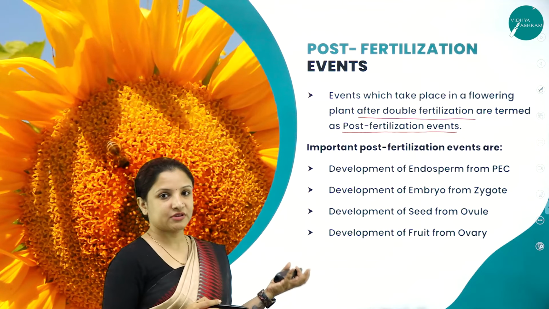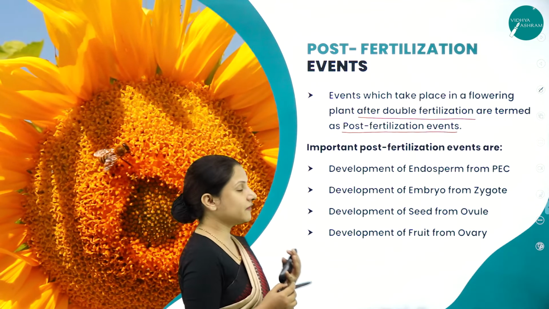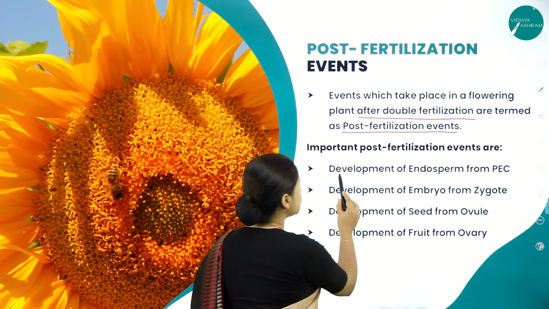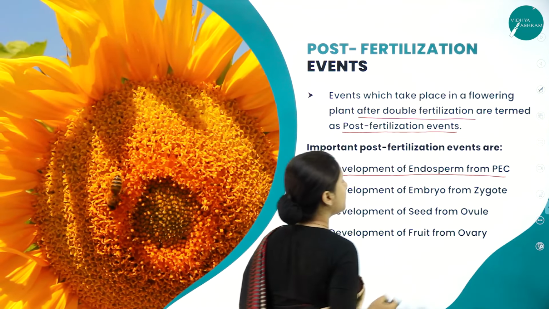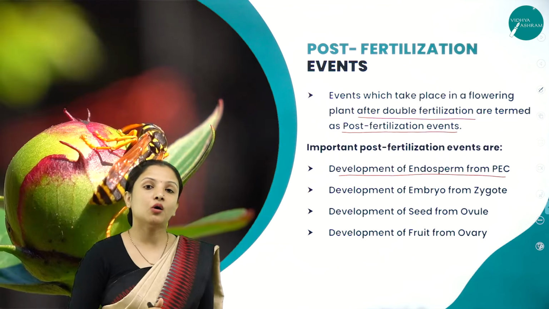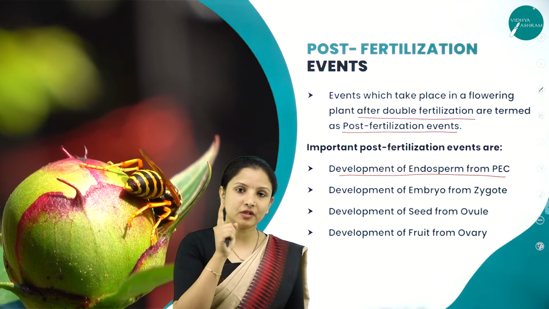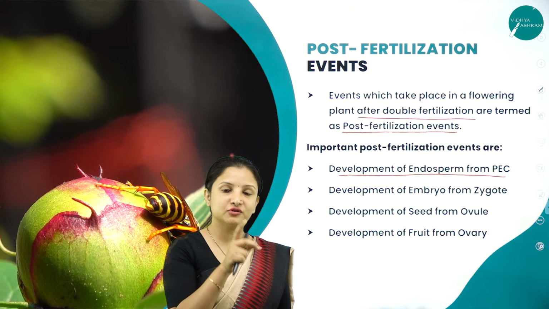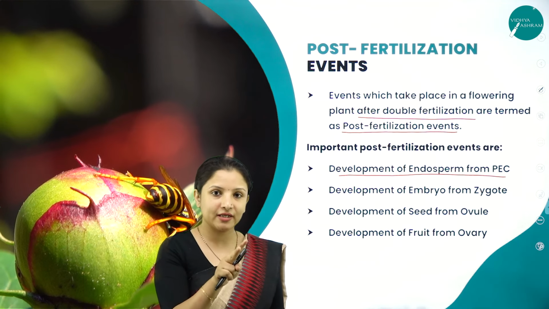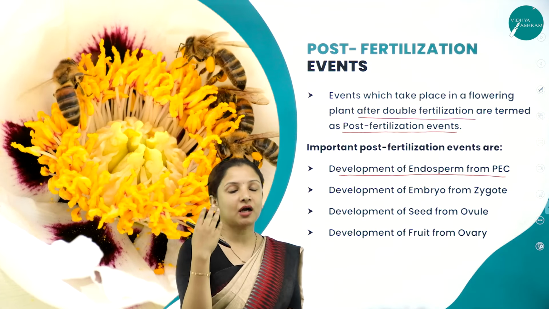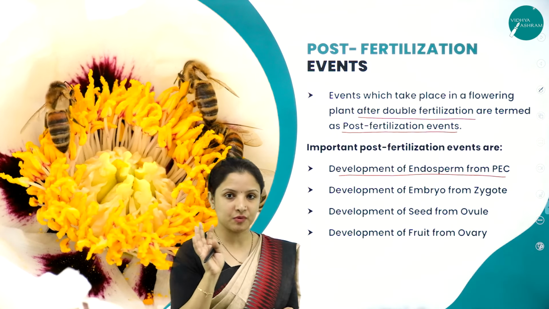The steps involved in the post-fertilization events are: first, development of endosperm from the primary endosperm cell. How did this primary endosperm cell get formed? One of the male gametes will fuse with the two haploid nuclei present in the central cell, and that central cell will get converted into a primary endosperm cell.